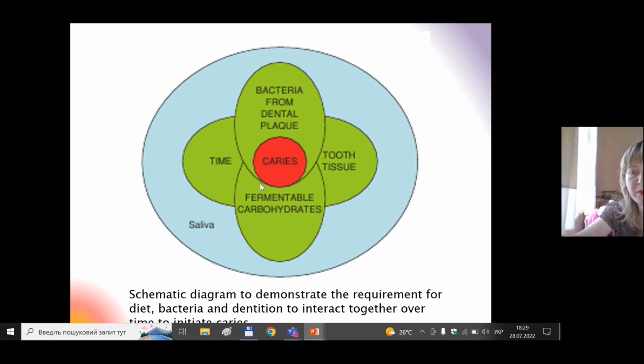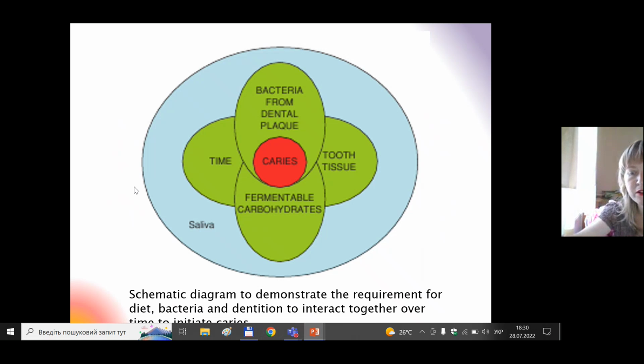And of course, do not forget about time. Time is a component that plays an essential role, because all these components should interact for a sufficient period of time, enough for all of them to do their harmful effect. So these are the components of the etiology of tooth decay.